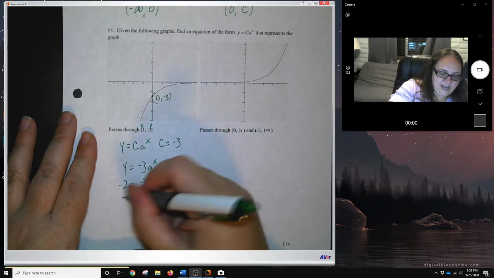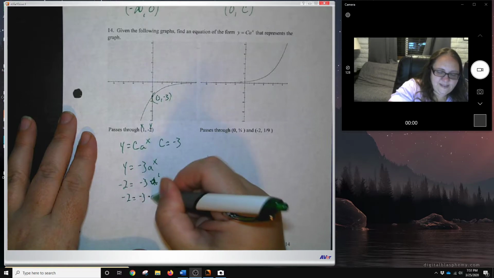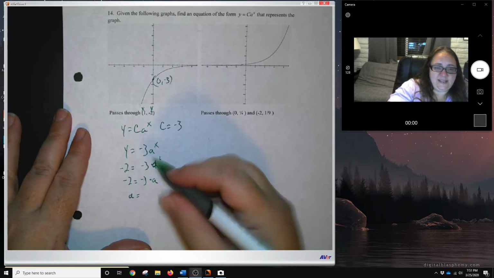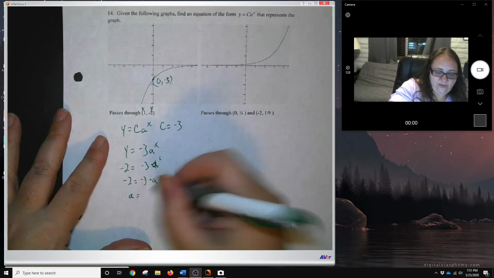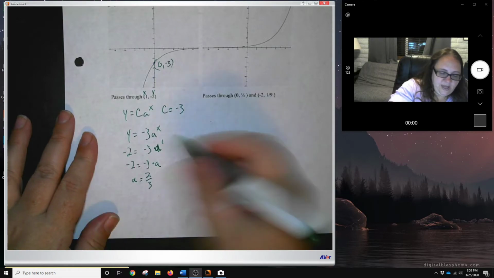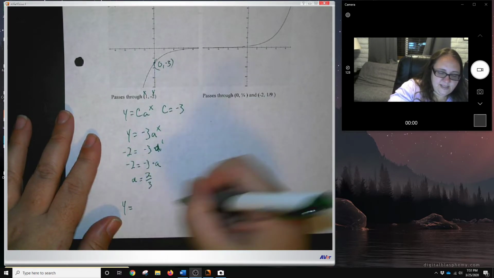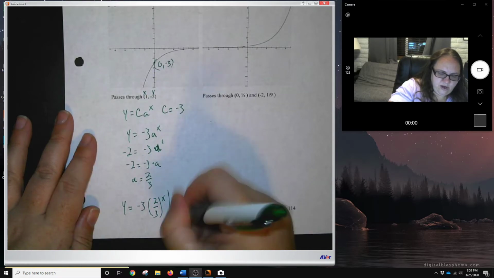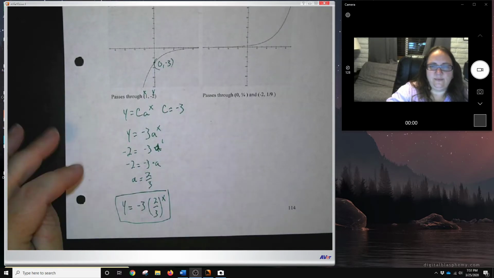So that means -2 equals -3 times a, because a to the 1 is just a. So a is -2 divided by -3, which is 2/3. So then my equation for this is y equals -3 times 2/3 to the x.